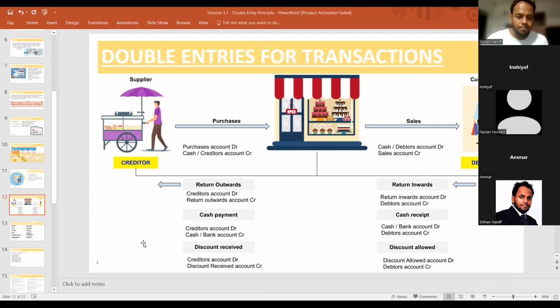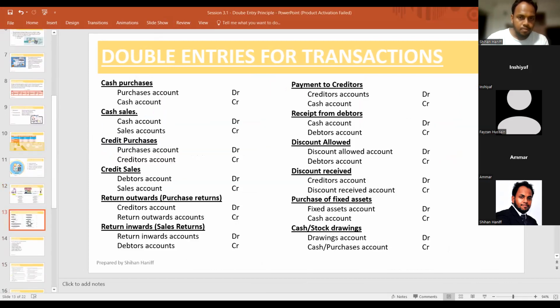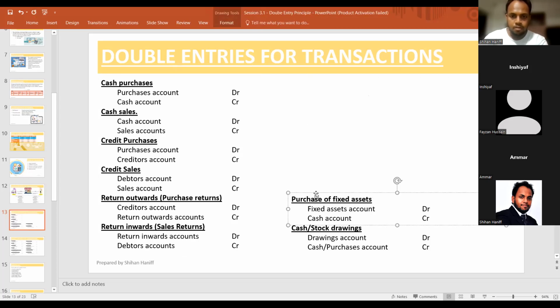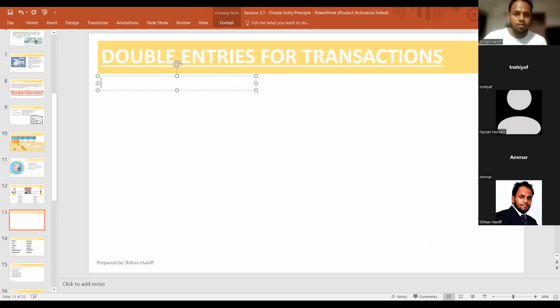Let me give the opposites. You can write this. Okay, then it's easy to remember.